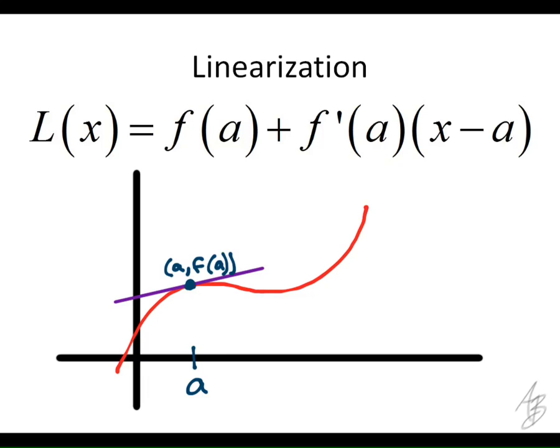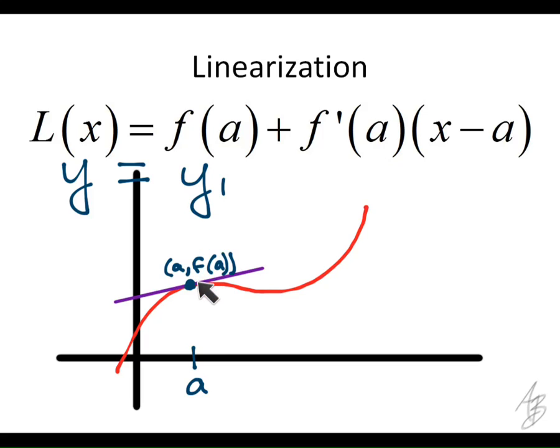Let me say this. The L here, the linearization, is just the equation of this line. So this is like y equals something when we're talking about the equation of this line. If I change this to y equals, well, it's close to mx plus b, but we have that f of a there. The f of a is the value of y at the point, right?